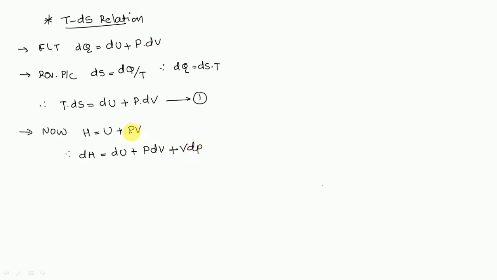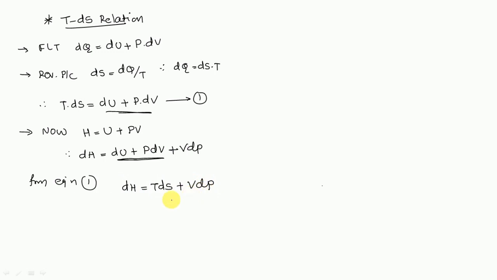Here we differentiate PV, so P is a constant, the differential of V is dV. The second time V is a constant and the differential of P is dP. So I write it that way. But here we know dU + P dV, this expression is over here. So from equation 1 we can write dH = T dS + V dP.